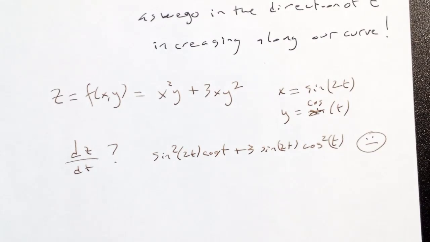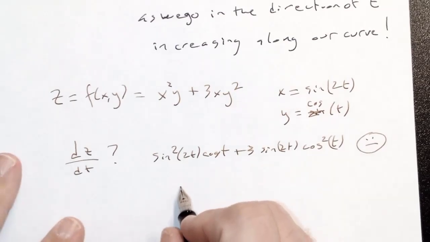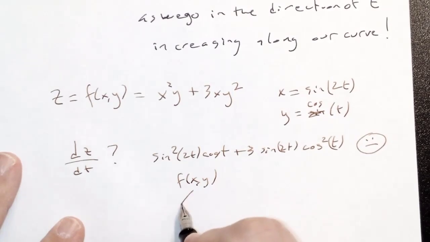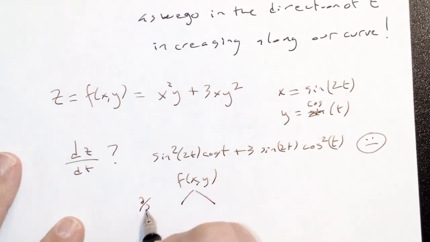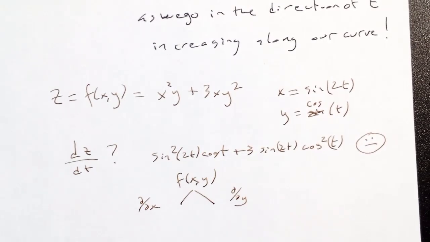If I take the derivative of the outside, it has to be a partial derivative, because there's both an x and a y. I have to do the partial with respect to x and the partial with respect to y. Right? But then I need the derivative of the inside. The derivative of the inside needs to get multiplied on, but it needs to get multiplied on the correct inside part.